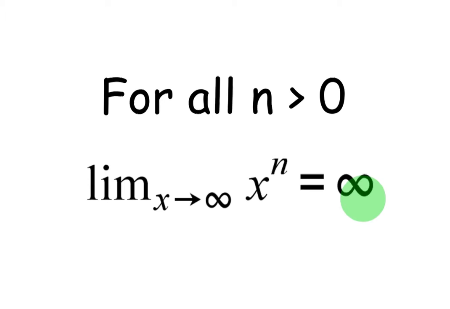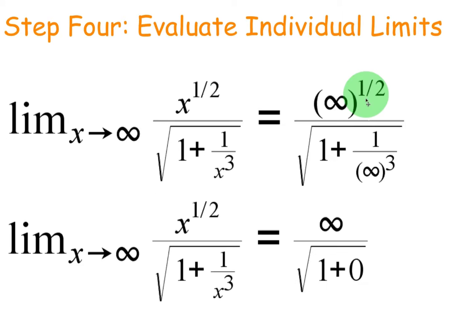Even though you're taking the square root of it, it's still going to approach infinity. So for example, if I plug in 1 trillion and I take the square root of that, it's still going to be really big, right? And the bigger I make x, the bigger y gets. So that's going to be infinity.